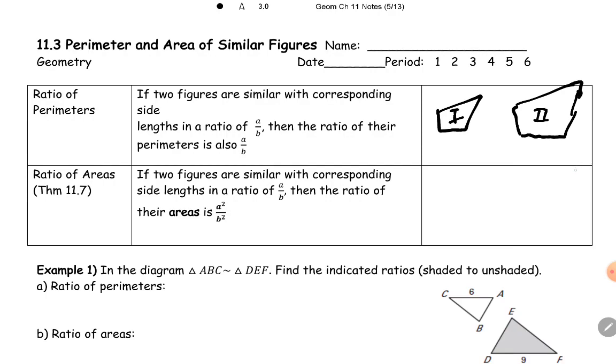Okay, let's look at the ratio of their areas.